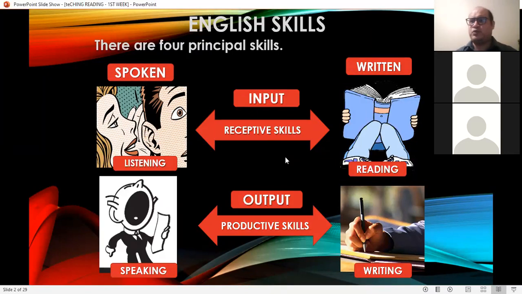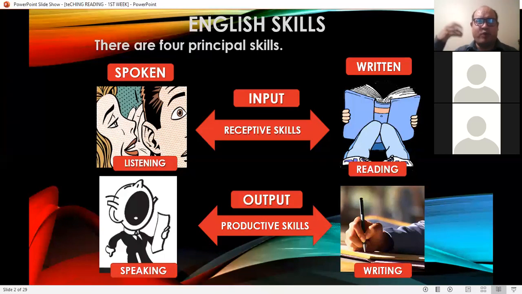Another difference between these skills. The first two here are spoken. Listening and speaking belong to the spoken language. Yeah, a spoken language. So it means that you are going to listen and produce sounds. All right? Sounds.